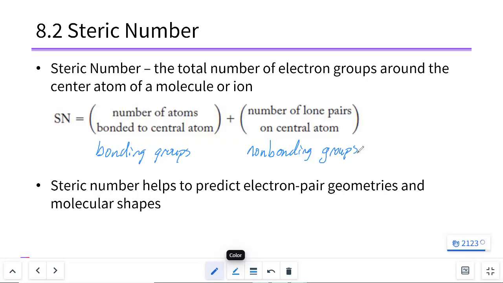But going back to my original example, nitrogen dioxide, the steric number would be 3. It would have 2 bonding groups, one to this oxygen, one to the other, and it would have a non-bonding group because of that radical. So a total of 3 groups in nitrogen dioxide.